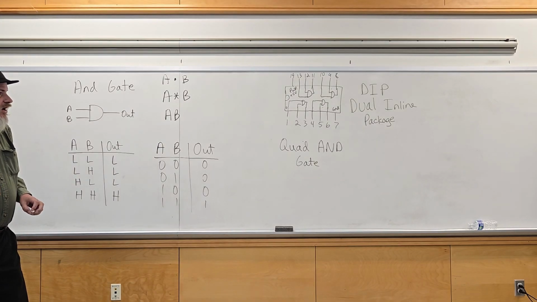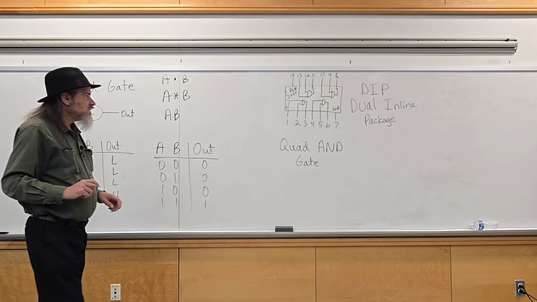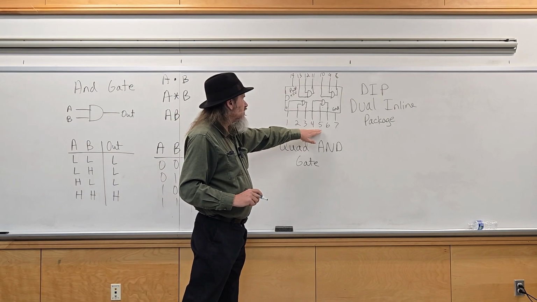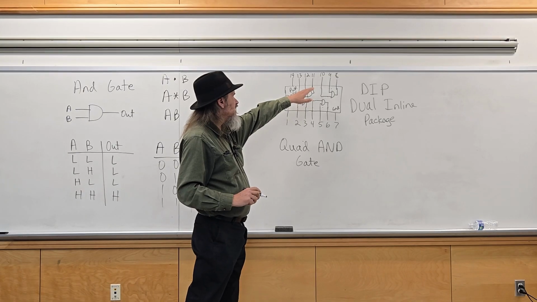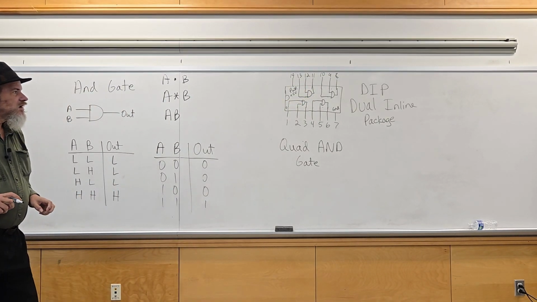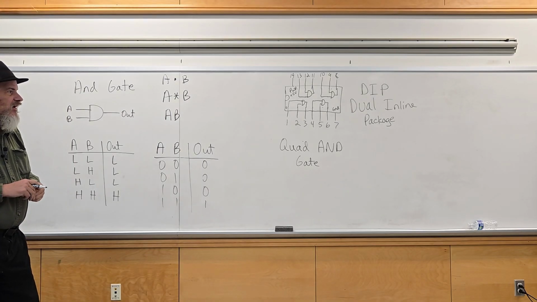So you connect your wires, inputs on 1 and 2, 4 and 5, 10 and 9, and 13 and 12. Again, you have to apply power and ground to the chip in order for the gates to work properly.